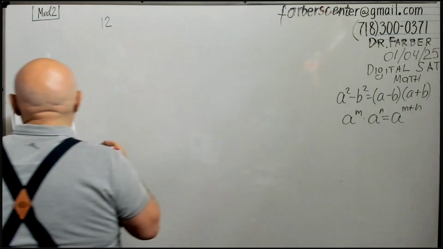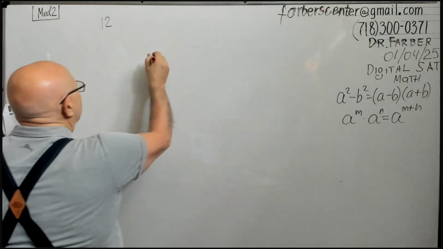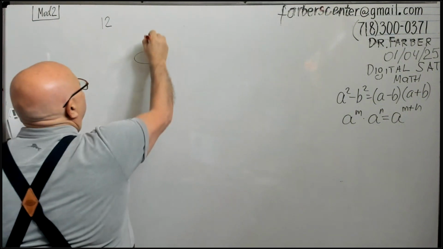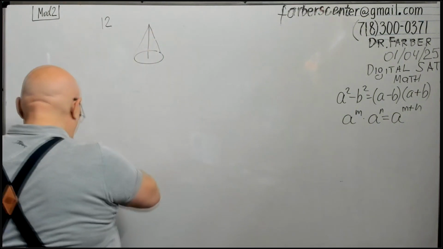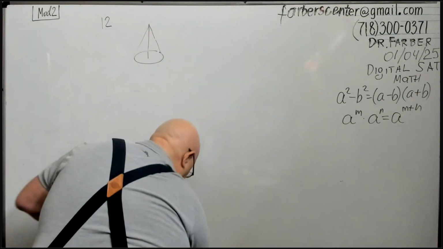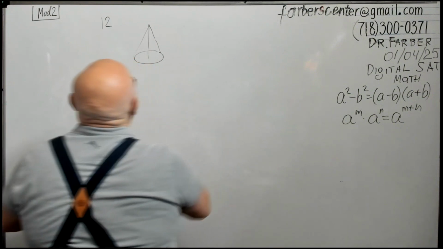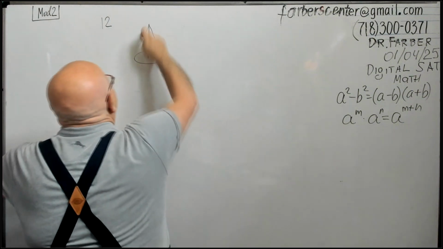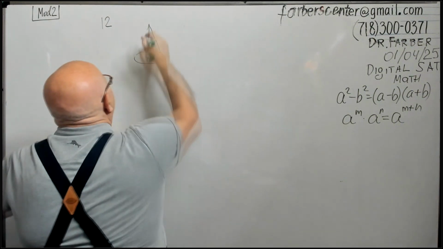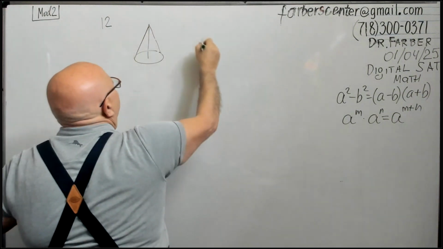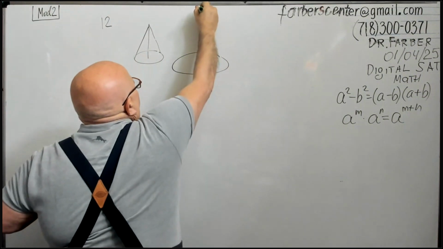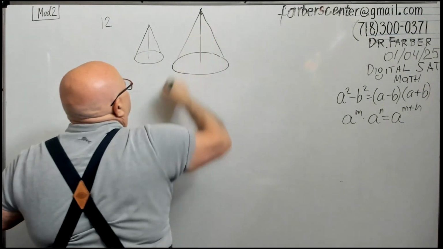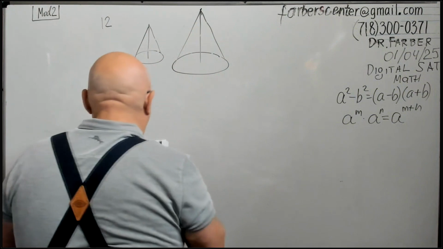We have two cones. Two similar cones. One is small, and one is bigger. And pretend it's similar. What we know about this?